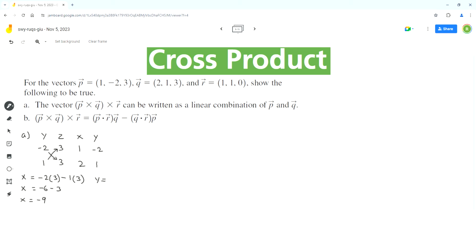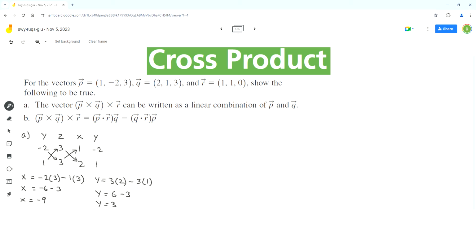So we do 3 times 2 minus 3 times 1. So we cross multiply the z and x component. So I get y equals 3.